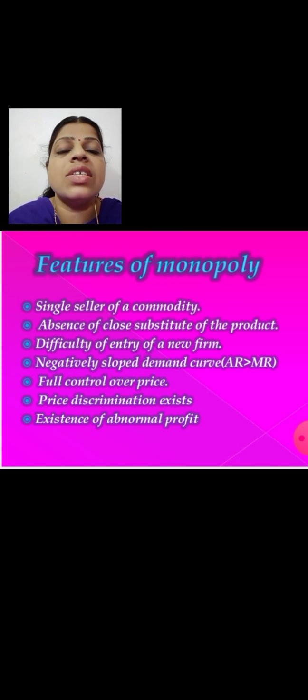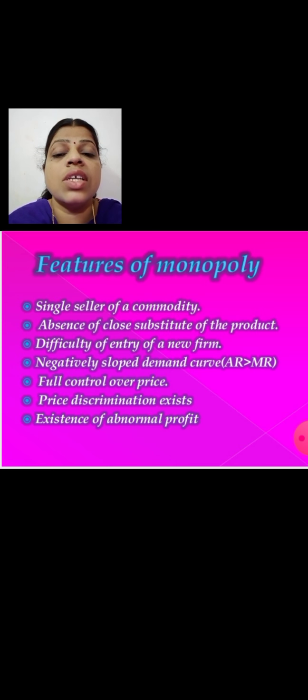Then price discrimination exists. Price discrimination means price changes exist in that market. As I told you, a uniform price prevails in the perfect competition, but in this monopoly we can see discrimination or changes in the prices.